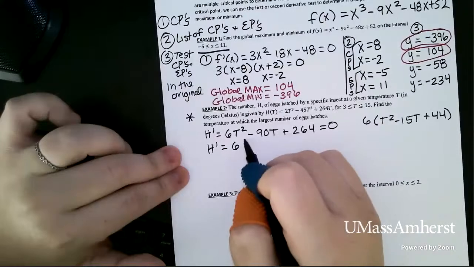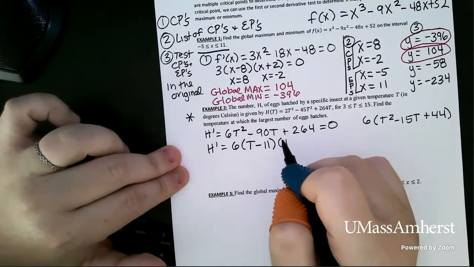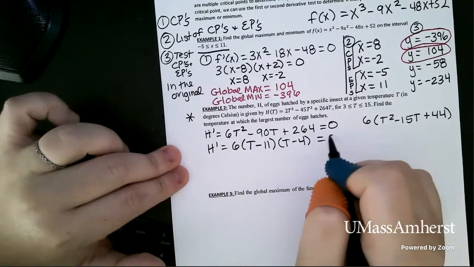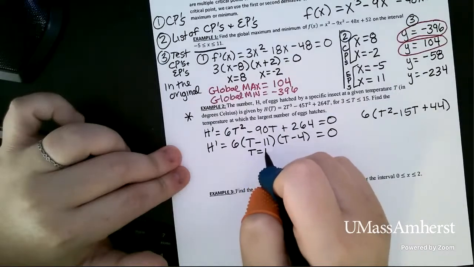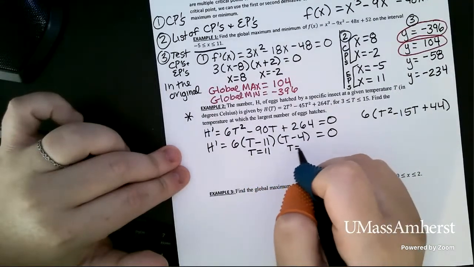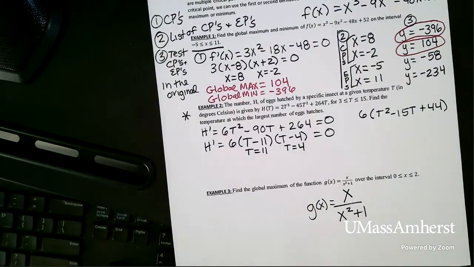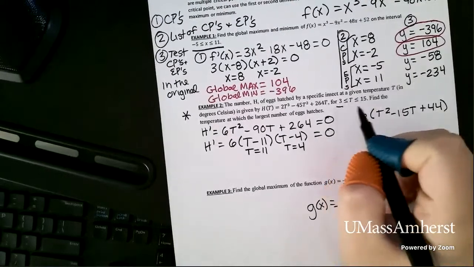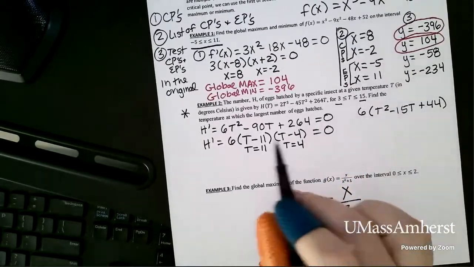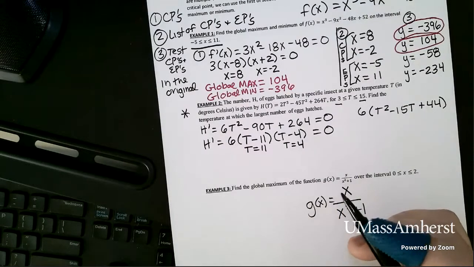So that becomes 6 times (t minus 11)(t minus 4). That means I have critical points at t equals 11 and t equals 4. I want to see if those are on my interval, which is 3 to 15. So 4 and 11 are both on that interval, and I can use both of them.